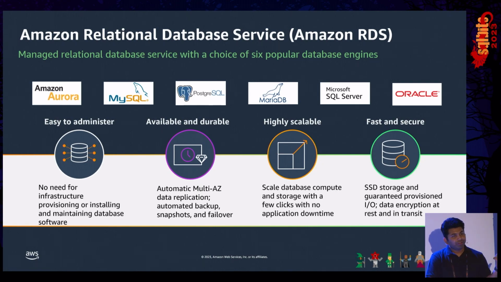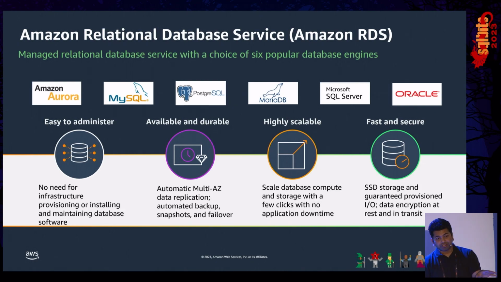And here we have what is called a managed service, the Relational Database Service, Amazon RDS. This gives you different types of engines as flavors. You can choose what works best for your applications, and then it does the heavy lifting for you, which means that installation of the software, patching, upgrades, all of those things are automated.